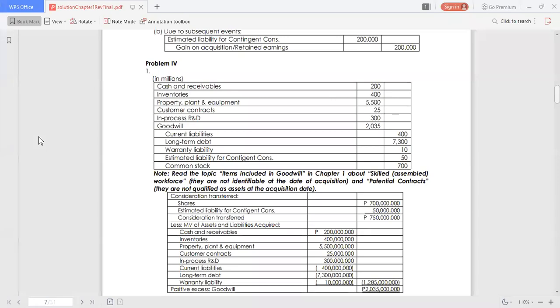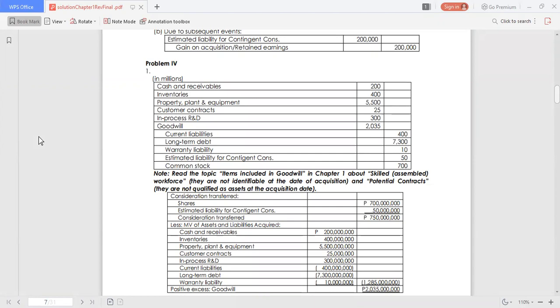The property, plant, and equipment initial amount is 7.5 million. However, the property, plant, and equipment is overvalued by 2 million. So we record property, plant, and equipment only for 5.5 million.